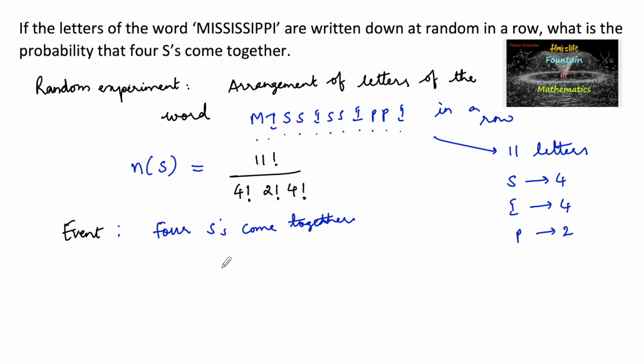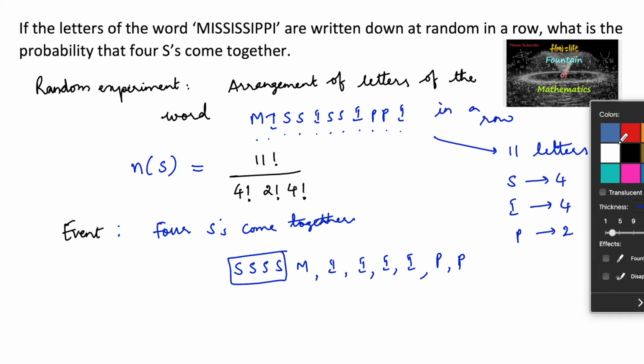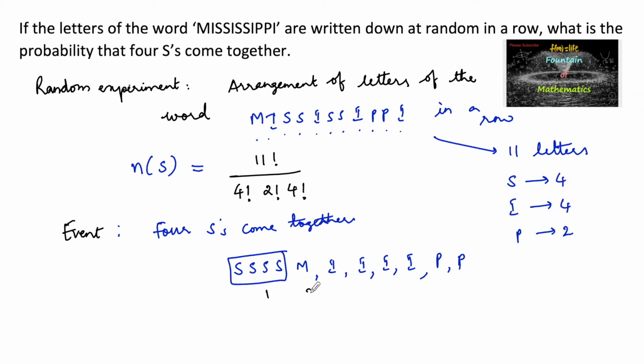So let us consider these 4 S's as one unit, and the remaining letters we can write M, I, and then P and P. So total we have the elements 1, 2, 3, 4, 5, 6, 7, 8.